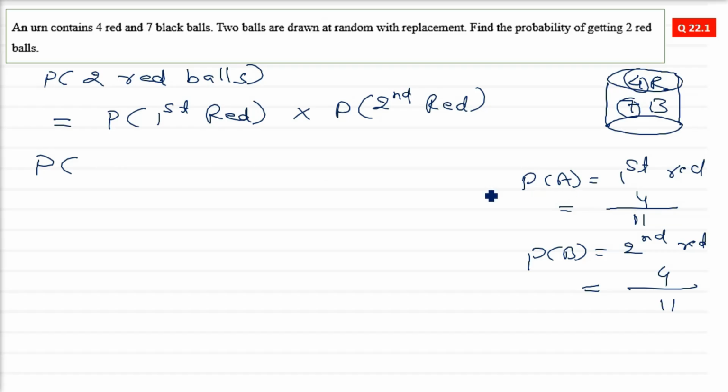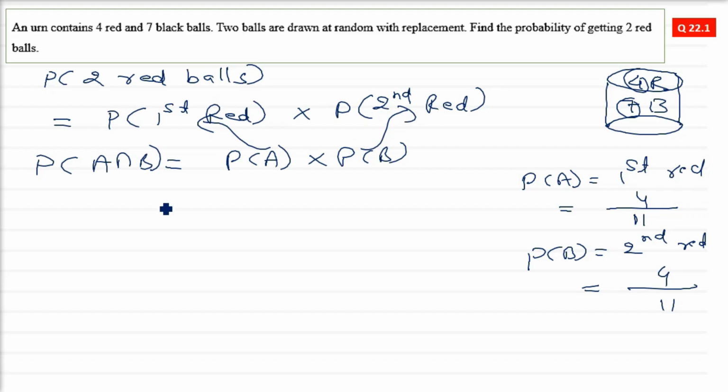The first red and the second red. So PA intersection B, since these are independent events, it's PA multiplied by PB. PA is a first red, PB is second red. PA we found out to be 4 by 11, PB as 4 by 11. 4 fours are 16 in the numerator, 11 into 11 is 121, and this is your result.